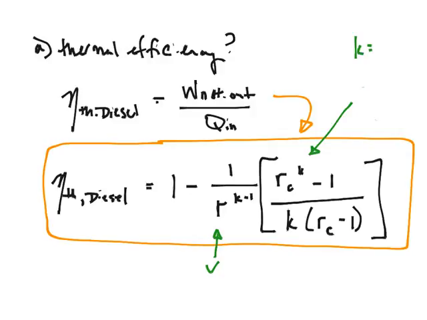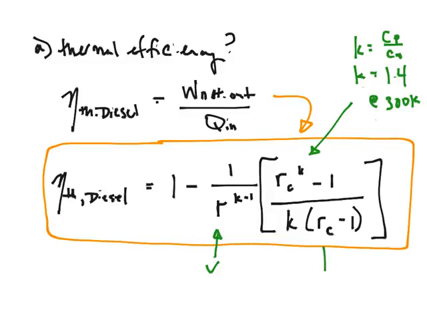So K equals Cp over Cv, which I find to be 1.4 at 300 Kelvin from the property tables in our book. Okay, so I'm going to use that value. Let me write that a little neater here. Cv, 1.4. Okay, so now I have my K, I have my R, but what's the last thing I need?